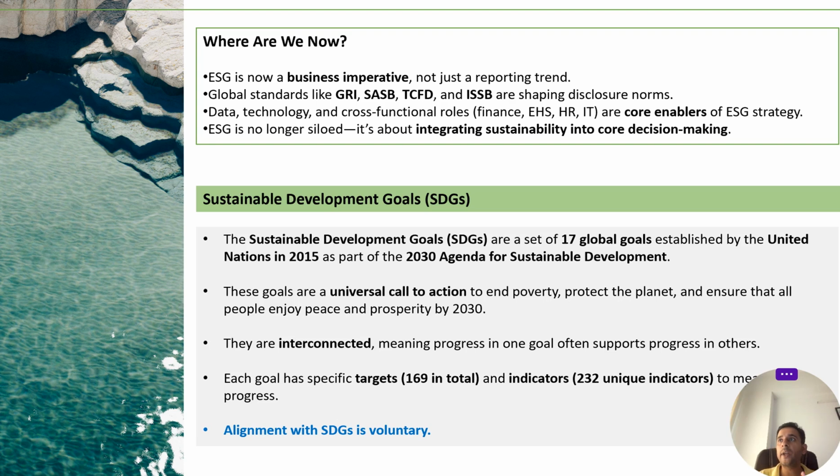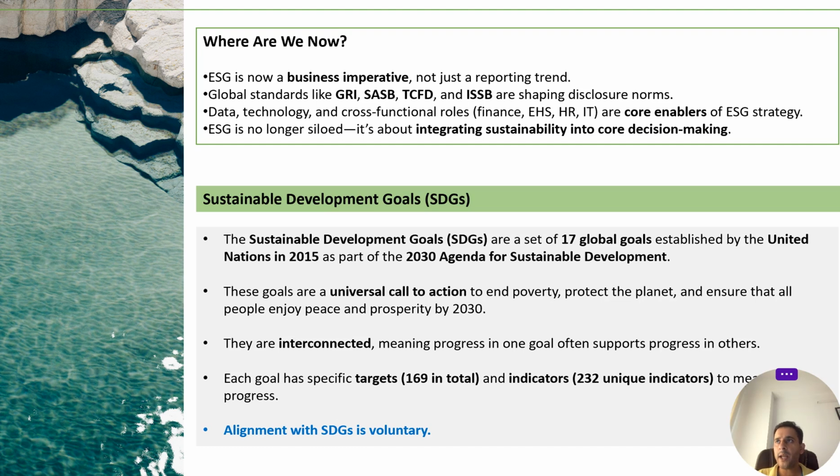Now, each goal has some targets. Each goal in itself is very broad, very basic, but these goals have targets and metrics. Targets are specific under each goal. SDG 1 has some targets, SDG 2 has some targets, so a total of 169 targets on which you work.